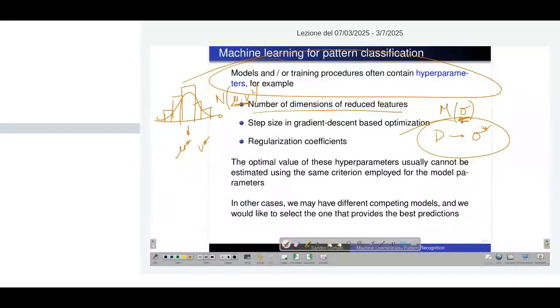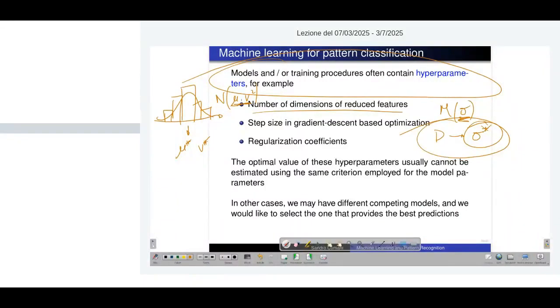But we will see that this objective function, when expressed as a function of these hyperparameters, will typically have minima with respect to the hyperparameters that are trivial solutions of no interest. That is, optimizing the objective with respect to the parameters will lead to meaningful conclusions, but if we were to optimize the function with respect to the hyperparameters, they would be essentially useless in terms of the task that we want to solve.